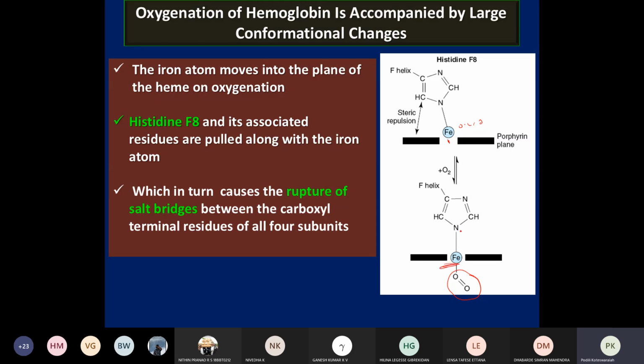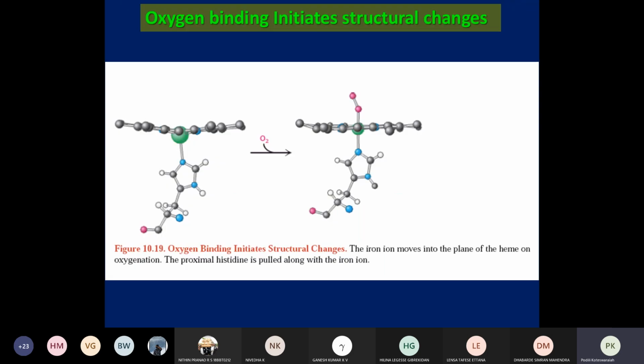As a result, this in turn pulls the histidine residue, and this histidine is part of the globin chain. It could be either alpha or beta. As a result, the conformational change takes place. All the salt bridges we have seen in the deoxy state would be progressively disrupted. So this conformational change is observed upon oxygenation.